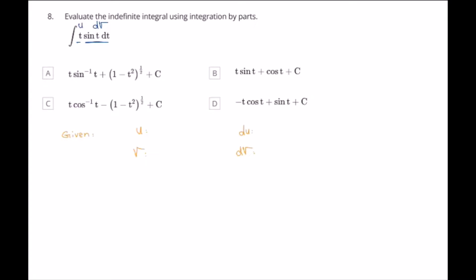From the function given, we have u, which is t, and we have dv, which is sine t dt. Now, to find du, we will have to find the derivative of u, which is t. It is going to be dt. And to find v, we will have to find the integration of dv, sine t dt. The integration of sine is negative cosine t.